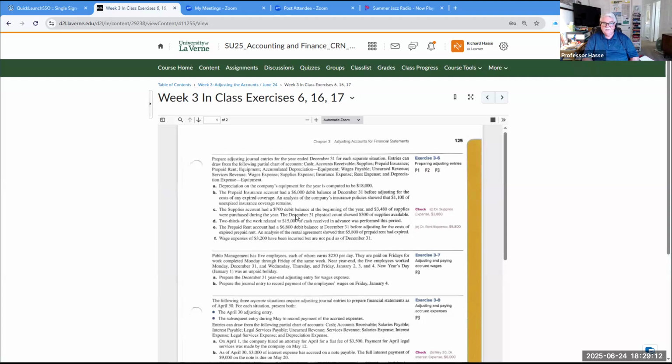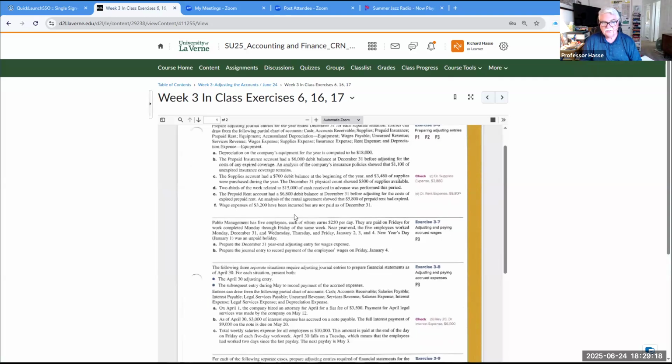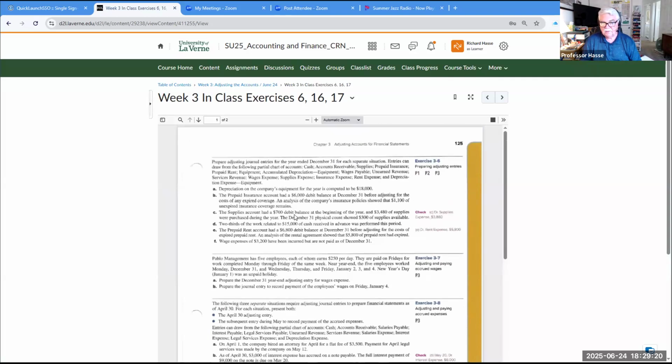The first transaction here on this exercise on page 125, letter A. Depreciation on the company's equipment for the year is computed as $18,000. Okay? This is what Jason was talking about earlier. All right, we've purchased some equipment. That equipment is hopefully creating products that we're going to sell and make some money. But at the same time, over time, that equipment is being beaten up.